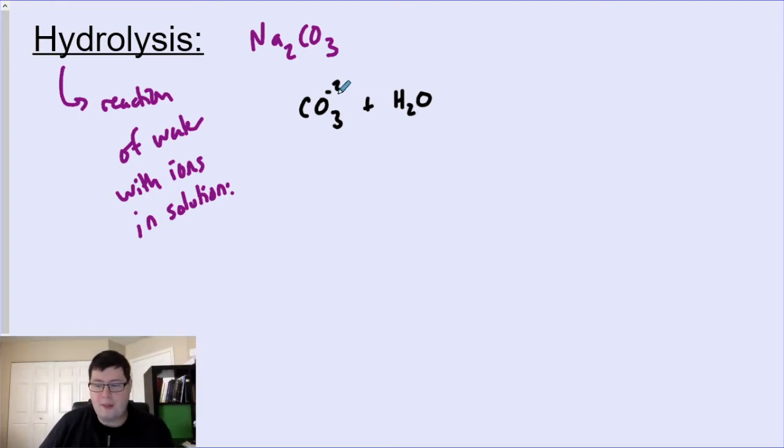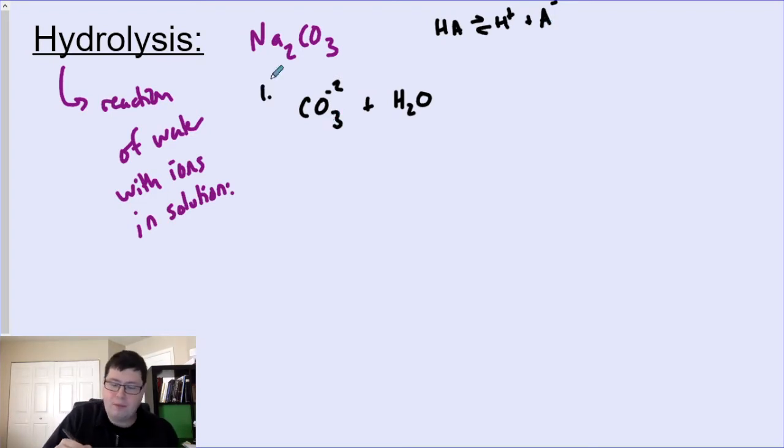The other way we can think about it is we've always seen acids producing H plus and A minus in solution. So acids tend to produce conjugate bases that are negative, or anions. So our anion here is going to act as a base and accept a proton from our H2O.